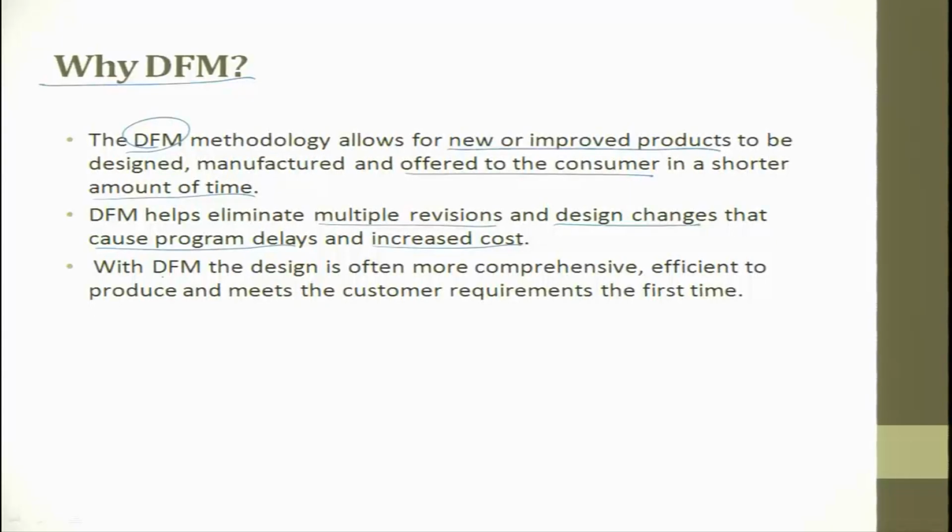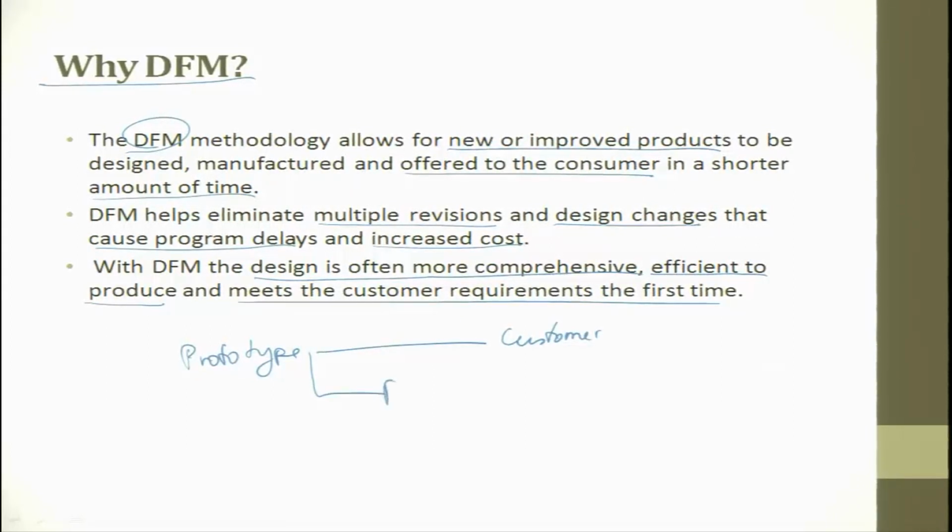With design for manufacturing, the design is often more comprehensive, efficient to produce and meets the customer requirement the first time itself. So, earlier people were talking about let us make prototypes and then show it to the customer and then start. So, prototype to customer, then they said prototype to product, then we will show to customer, and then when the customer says, there will be a feedback which will go back and forth.